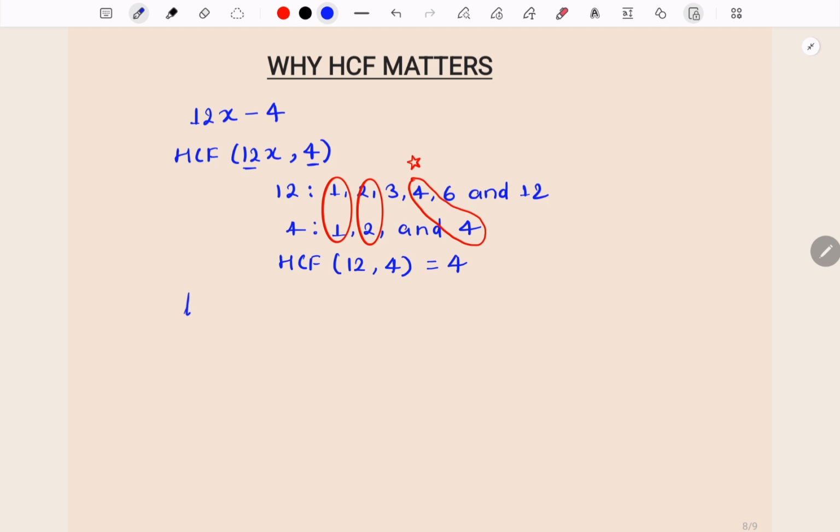Now, let's talk about the letters, right? So, here we have x, and here we do not have any term containing x. So, actually, we have x raised to the power 1 and x raised to the power 0, right?